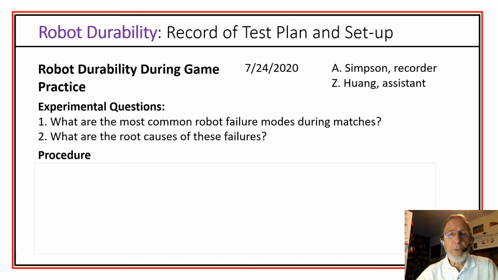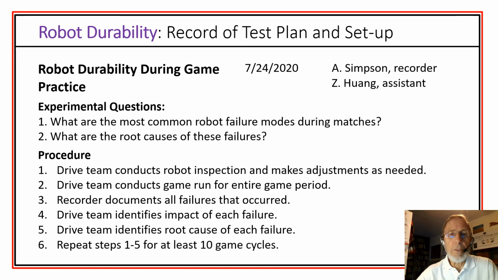Let's define a procedure that will help us answer these questions. Number one, the drive team conducts an inspection and makes adjustments. This is similar to what you'd expect before a competitive match. Then the drive team conducts a game run for the entire game period, so they're simulating what would happen in a match. The recorder documents any failures that occur.